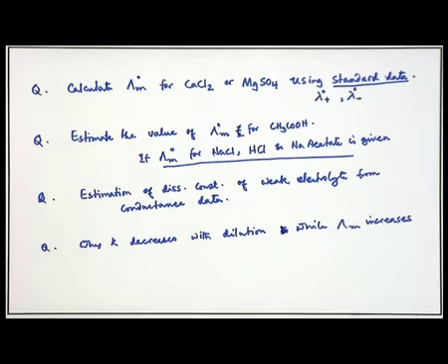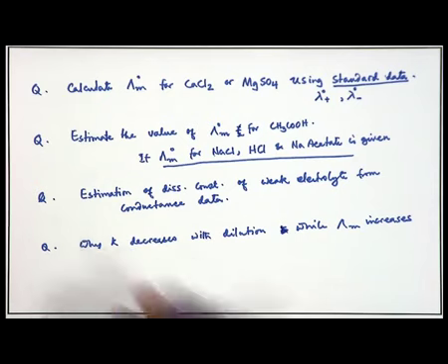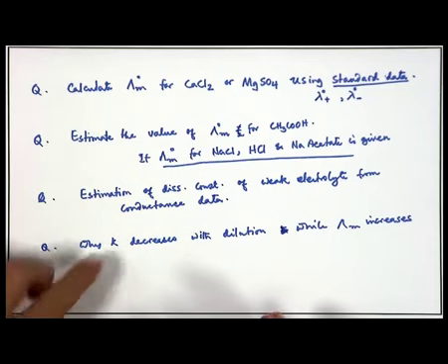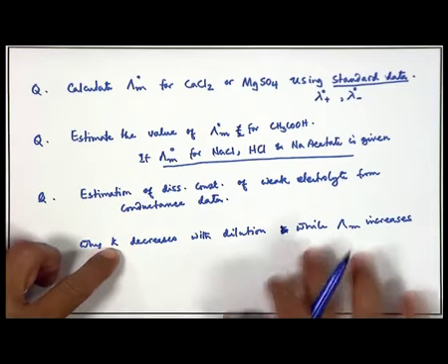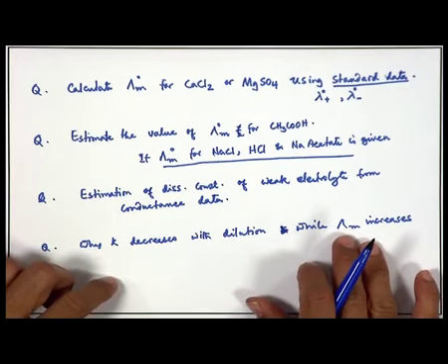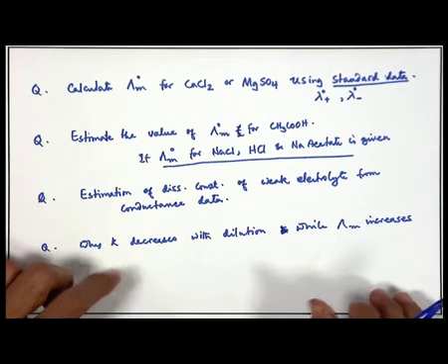This I have already explained to you: kappa is basically related to the number of ions present within a unit cube. So, if you dilute, the number of ions within the unit cube decreases. Therefore, kappa decreases, but lambda m is nothing but kappa into volume. So, volume increases enormously, although kappa reduces.